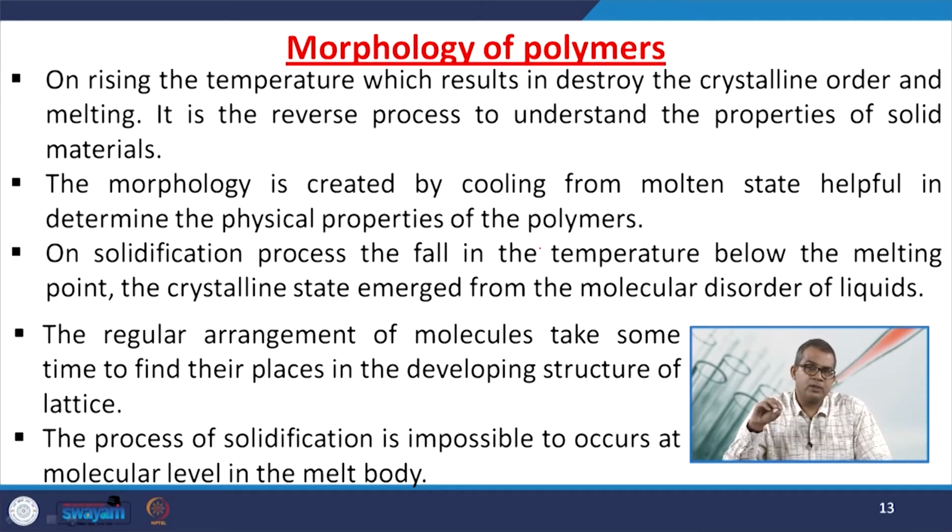Upon solidification, with the fall in temperature below the melting point, the crystalline state emerges from the molecular disorder of the liquid. So there may be an irregular tendency of chains to solidify or to cease their movement. Sometimes they may be fluttering like this, and then if you decrease the temperature, they may become stagnant at a particular level. So that is the issue.